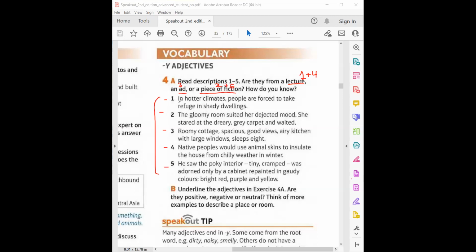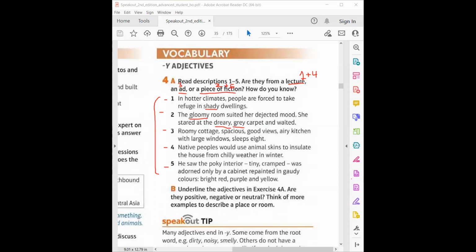Let's do it together. The first one, where are the adjectives? Can you tell me? Shady. All right, shady. What else? Can you find other adjectives? Let's go to sentence 2. Gloomy. Gloomy, okay. What else? Dejected. Let's just underline the adjectives that end with Y for now. Roomy.